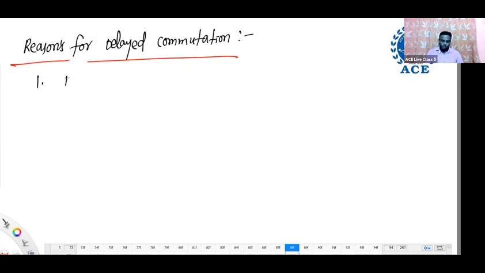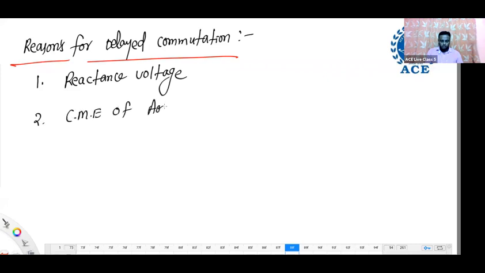First one is reactance voltage. Second one is the cross magnetizing effect of armature reaction.